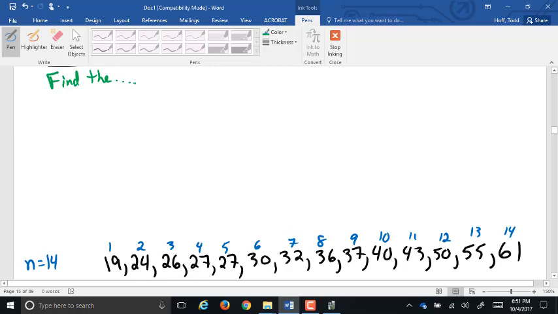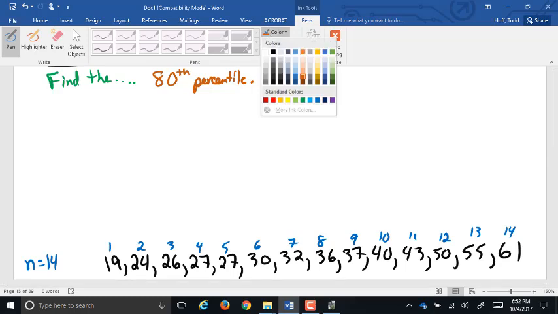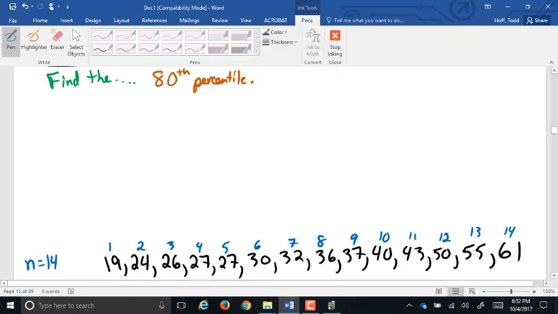Find the 80th percentile. To find the 80th percentile, first step again is to put them in order from smallest to largest. We've already done that. Second step is to find the position.